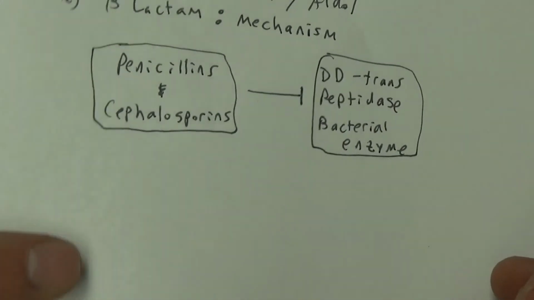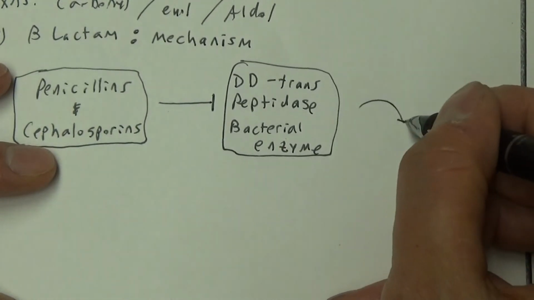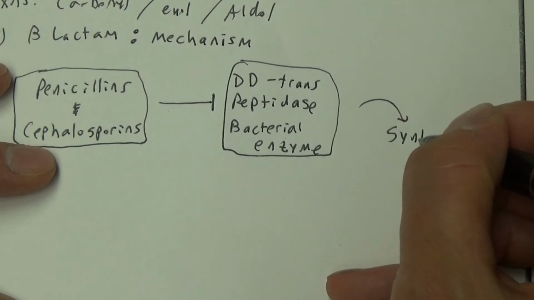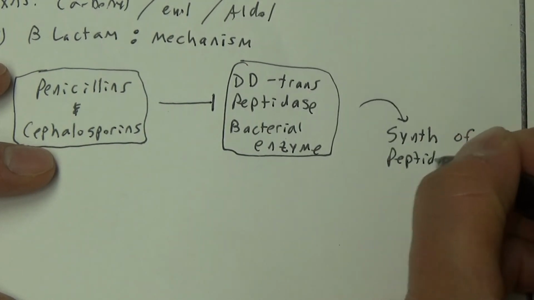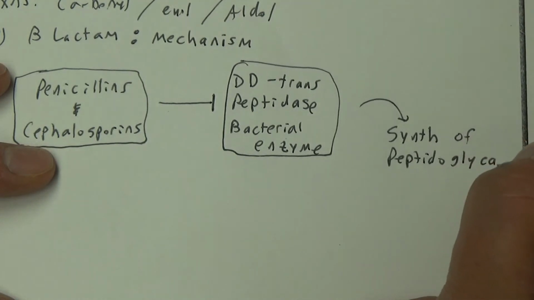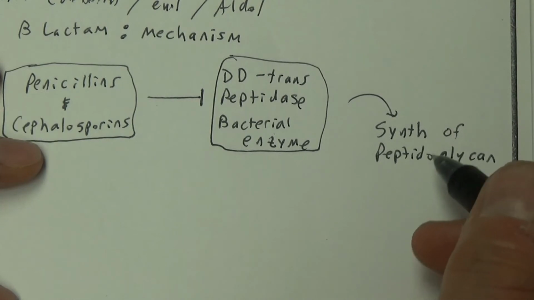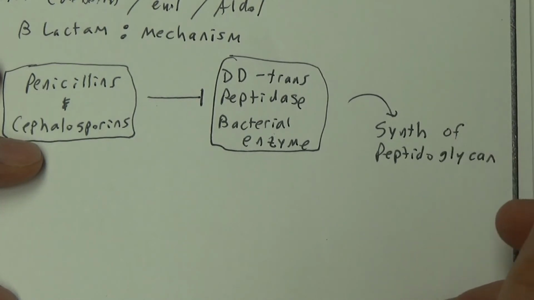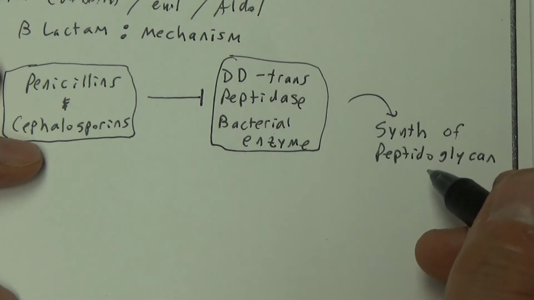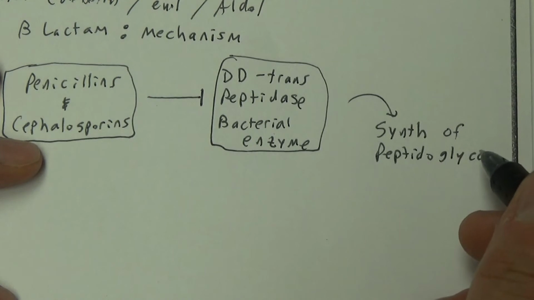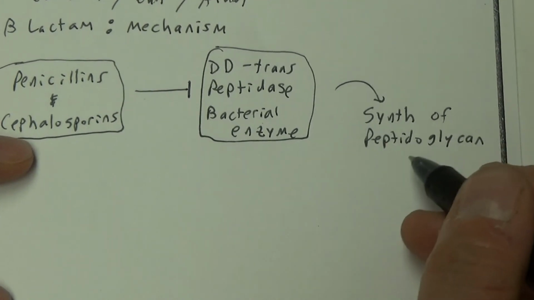Okay, so in a nutshell, it's involved in the synthesis of the peptidoglycan, which is that little. I don't want to call it the cell wall because it's maybe the cell wall in the gram-positive, but the inner cell wall in the gram-negative. It's like a matrix of sugars and amino acids that are cross-linked.